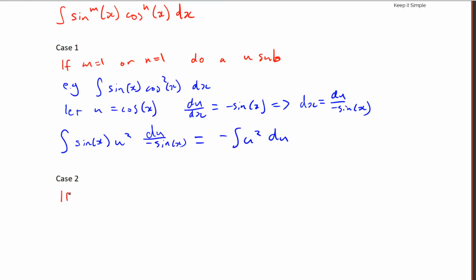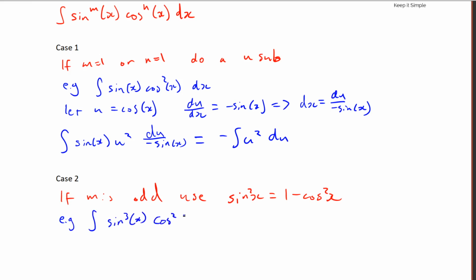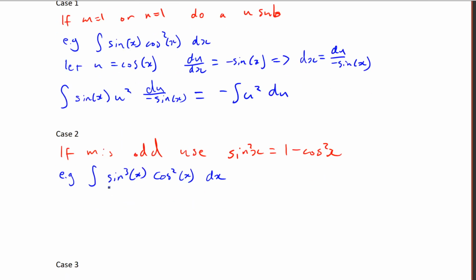Case 2 is slightly different. Case 2 is if m is odd, use sine squared x equals 1 minus cos squared x. So for example, if I had sine cubed x, which would mean m is odd, and cos squared x, then I can say sine squared x equals 1 minus cos squared x. So sine cubed x is sine x times sine squared x.